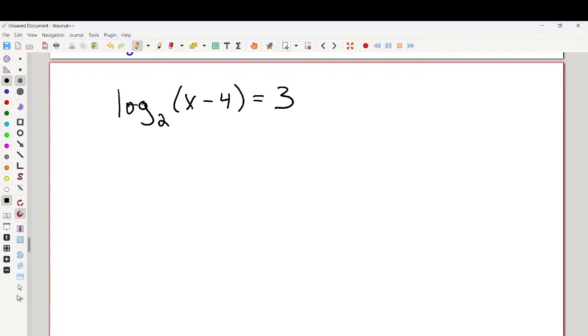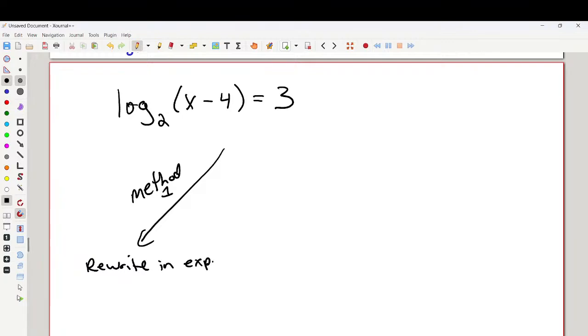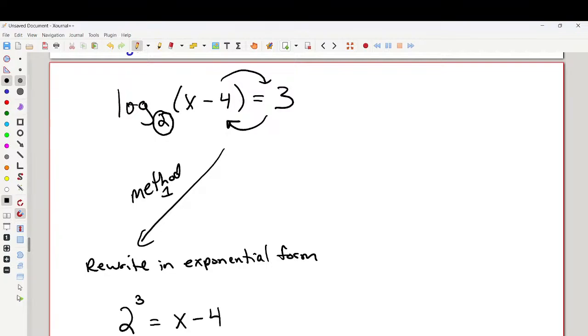Now, if you have a log equation, we're starting with a logarithm. Method 1: rewrite in exponential form. Keep your base, change those. 2 to the 3rd power is x minus 4.